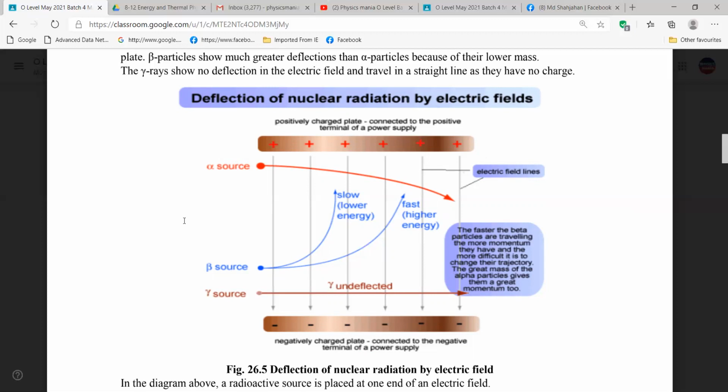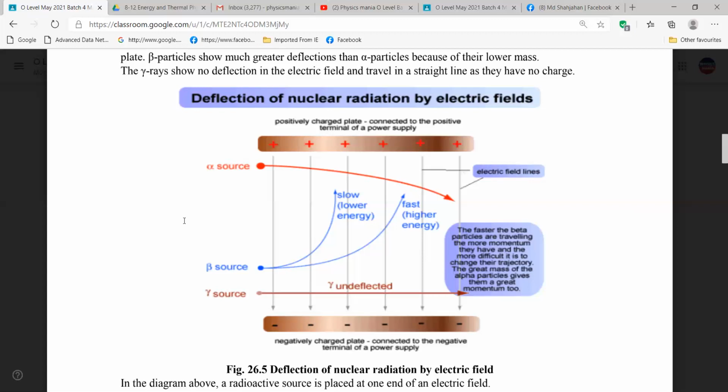Gamma don't have any charge, they go straight. They are not affected by any of the charges, neither positive nor negative. Now in between alpha and beta we have something more. When we observe alpha particles' deflection, the deflection is less, but beta particles' deflection is more.